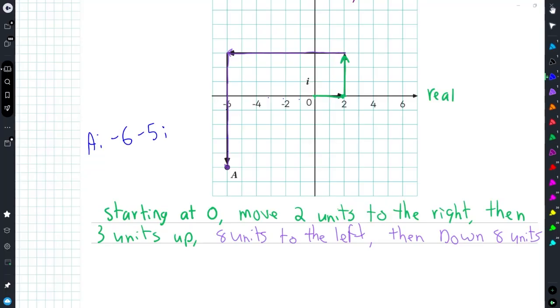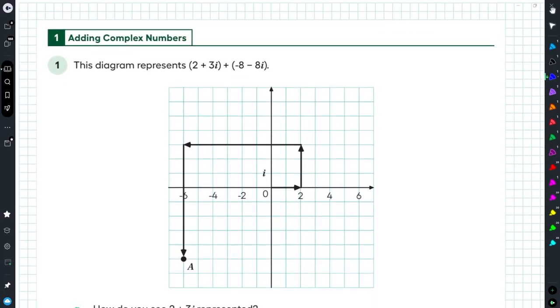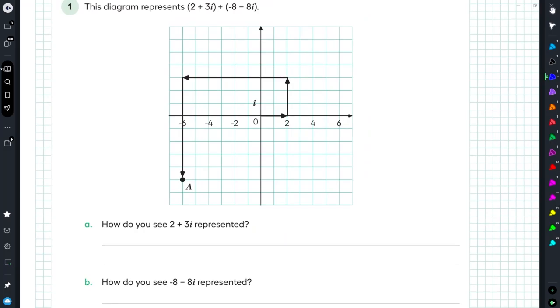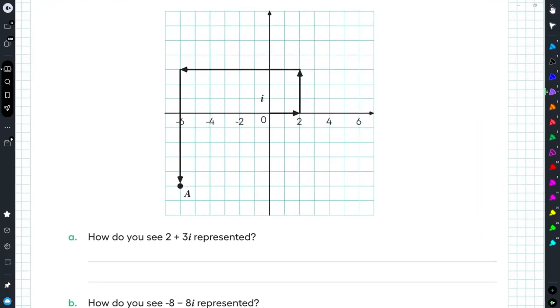So if we look at the next page, it says this diagram represents 2 plus 3i plus negative 8 minus 8i. So part A says, how do you see 2 plus 3i represented? So if we start from 0, we went right 2 and up 3.